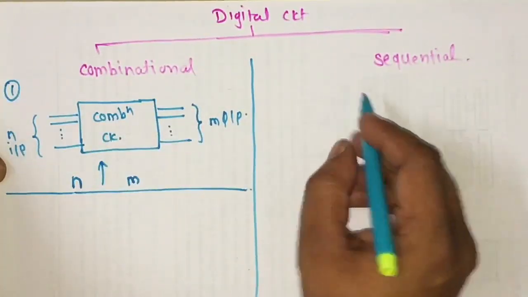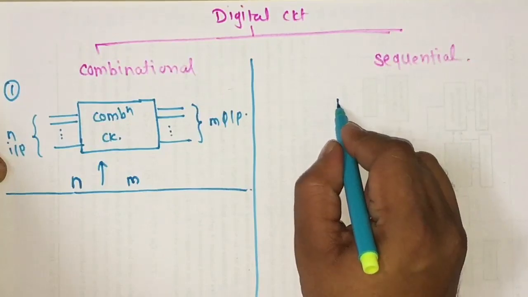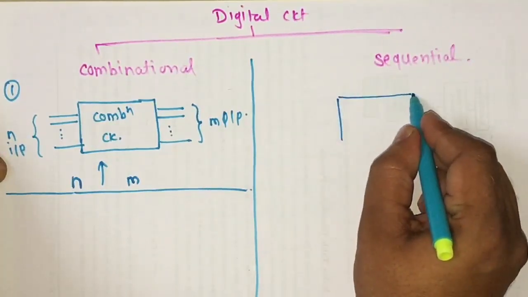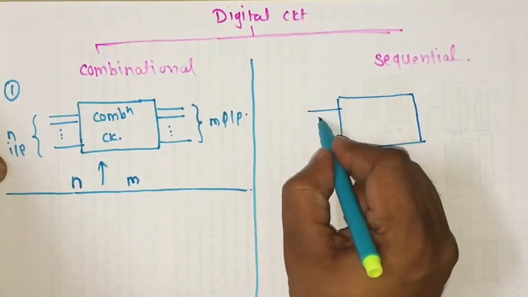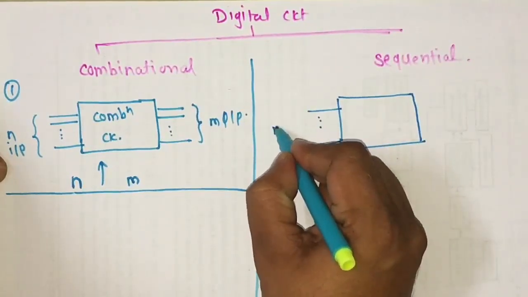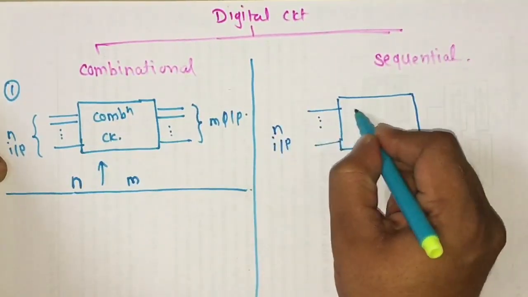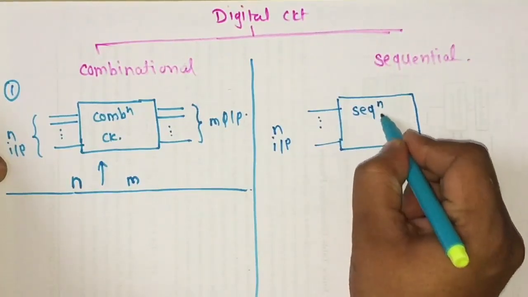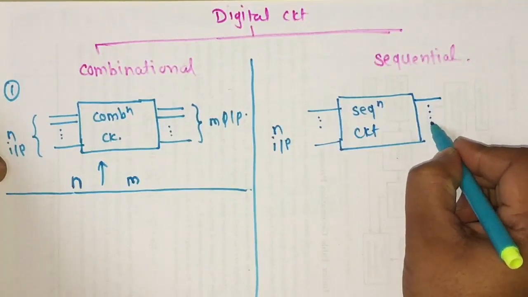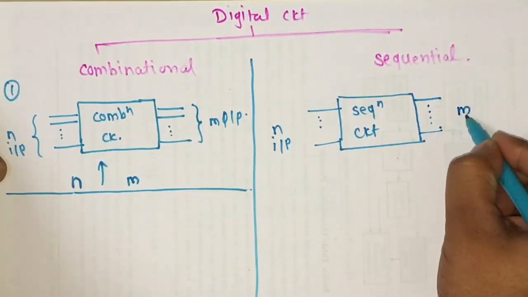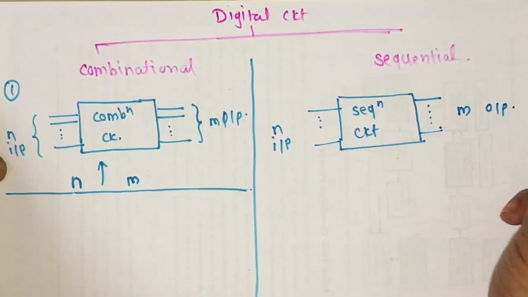For the sequential circuit, it also consists of n number of inputs, so let us consider n number of inputs applied to this circuit. This is the sequential circuit, and it also consists of m number of outputs.